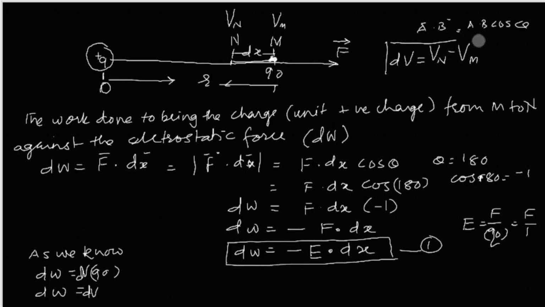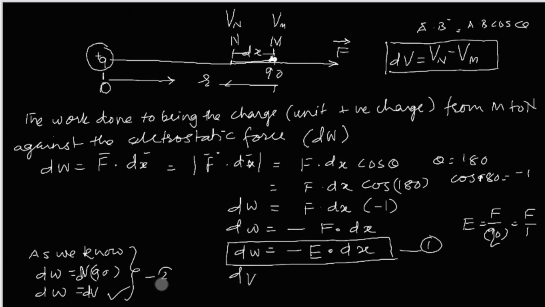So dV is nothing but the change in potential between M and N. Now let us consider it in the form of electric force, because dW is this, so from this equation we can put this value as dV.